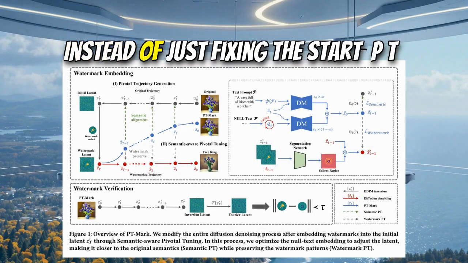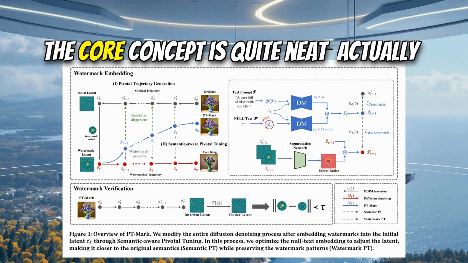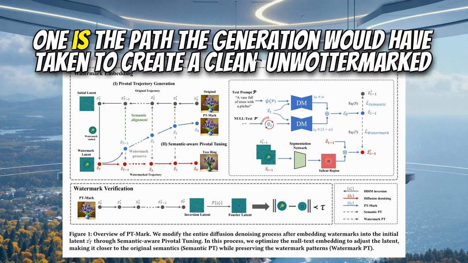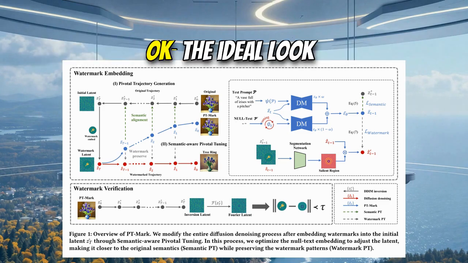Fundamentally differently. Instead of just fixing the start, PTMark monitors and guides the whole diffusion denoising process. The core concept is quite neat, actually. Go on. They leverage 2 trajectories. One is the path the generation would have taken to create a clean, unwatermarked image. That's their guide for semantic accuracy. Okay, the ideal look.